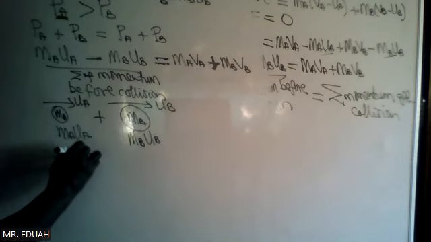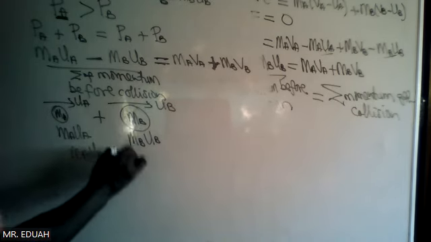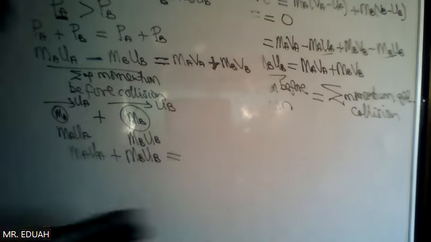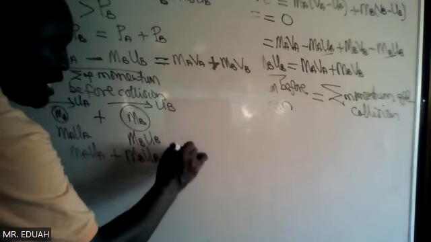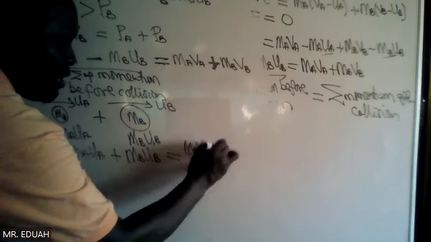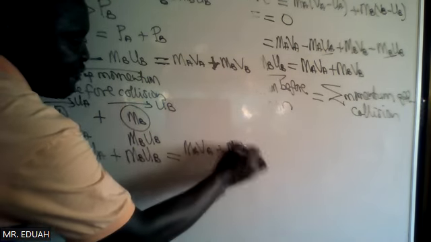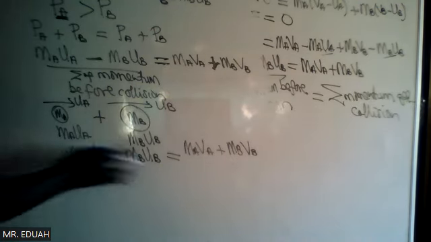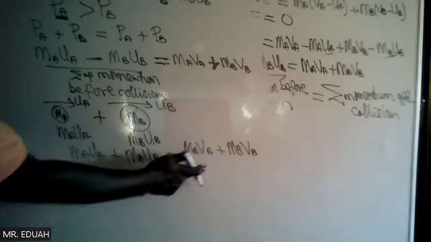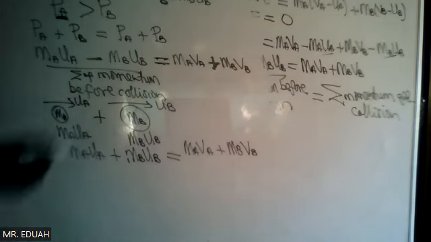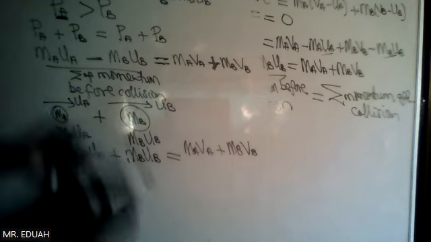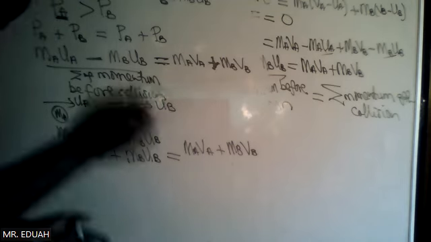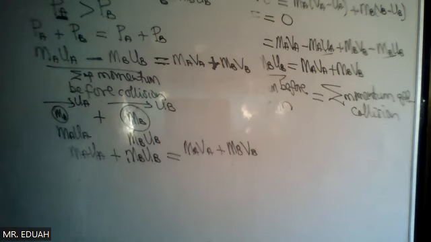So MA UA plus MB UB is equal to the sum of momentum after collision, which would obviously be MA VA plus MB VB. So if they are moving in the same direction, then you add their individual momenta and equate it to the sum after collision. But when they are moving in the opposite direction, you subtract the lesser momentum from the larger one.